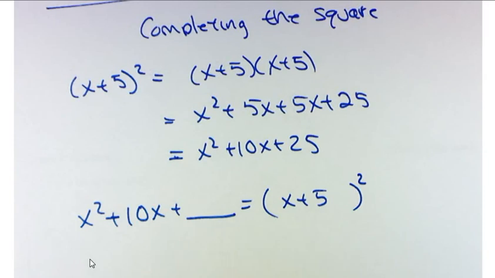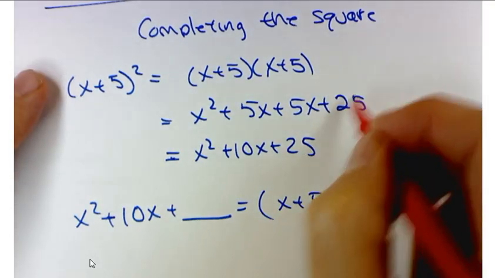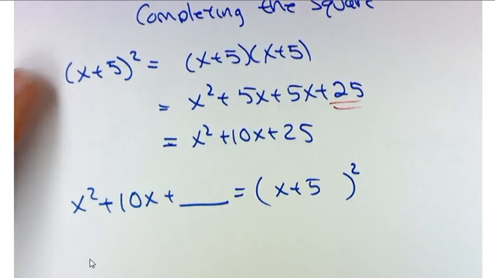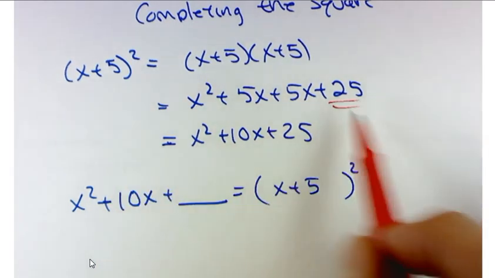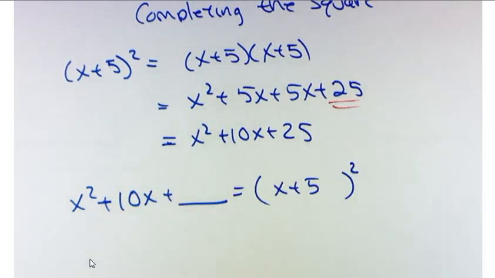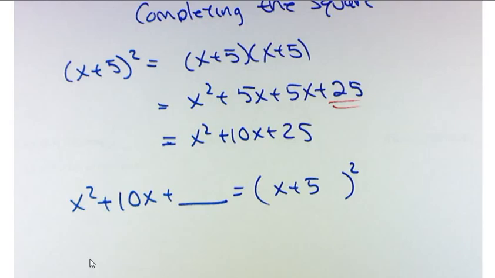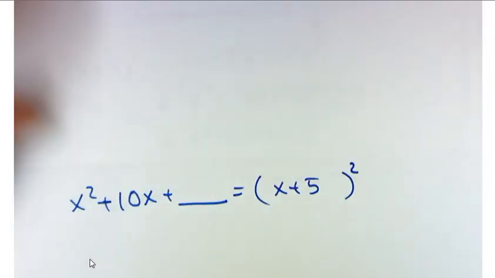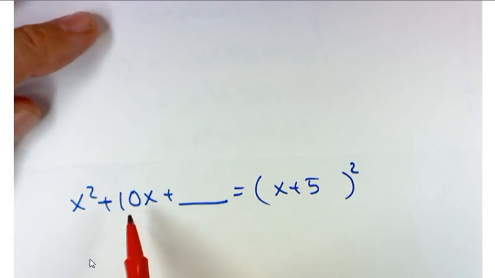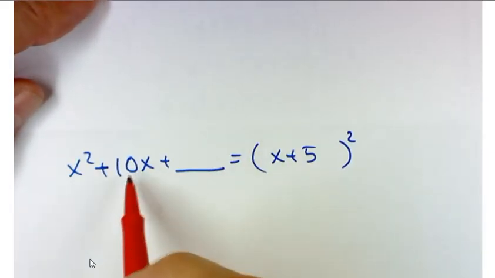Well, let's think about where that 25 came from. In this problem here, where did the 25 come from? What did I do to get the 25? I did 5 times 5. I squared the 5, right? Now, if you're just looking at part of this, how am I going to come up with a 5 by looking at this? What would you do?